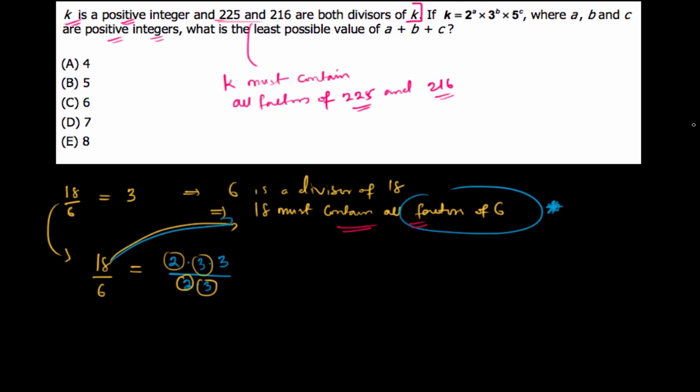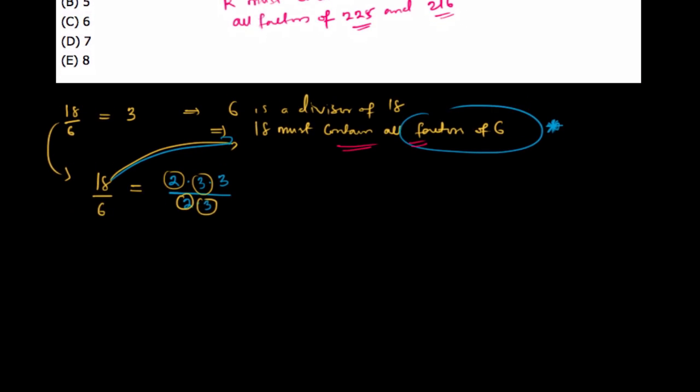To find the prime factors of 225, we start with the lowest number that can divide 225. 2 can't go into 225, so we start with 3. 3 in 225 gives us 75. Then 3 can still go: 3 in 75 gives us 25.